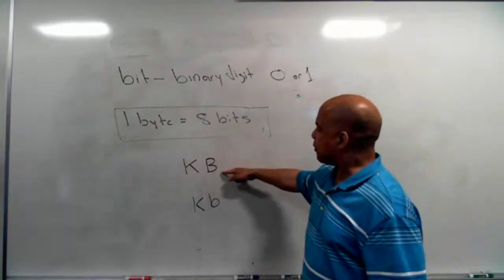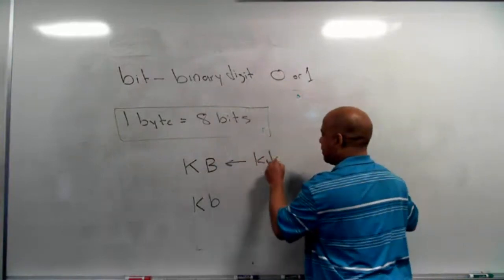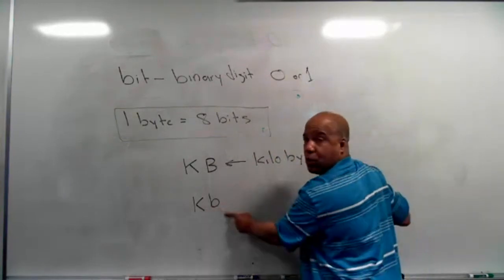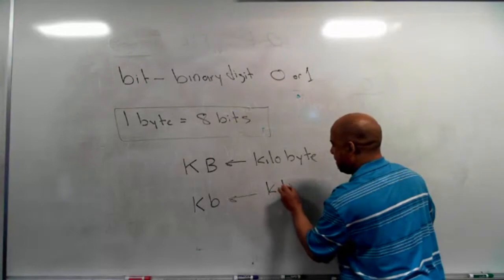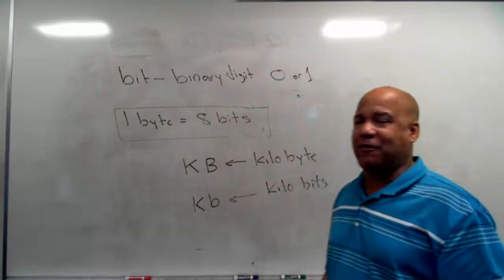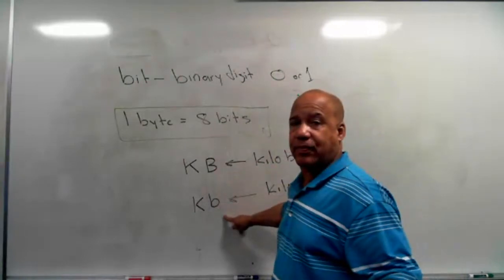If I have a K and a capital B, this is kilobytes. If I have a K and a lowercase b, this is kilobits. So you want to know the difference between kilobytes and kilobits.